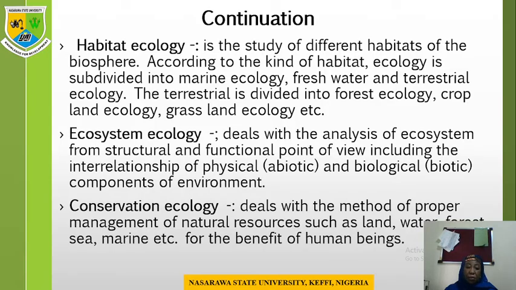It can be conserved for other uses for human beings, for power supply, and also in irrigation, so water can be drawn from rivers for agricultural purposes. So this is part of conservation ecology, that is the study of the method of proper management of natural resources.